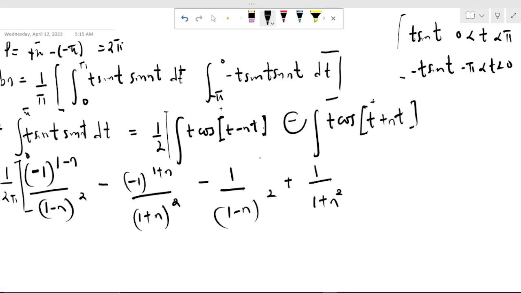So now let's go to the next part, which is the same integration, but now from minus pi to 0.